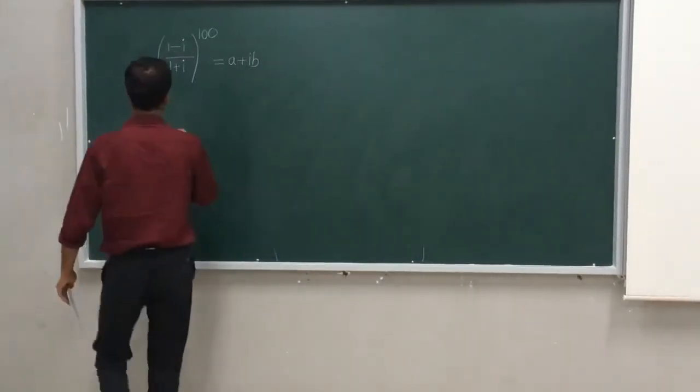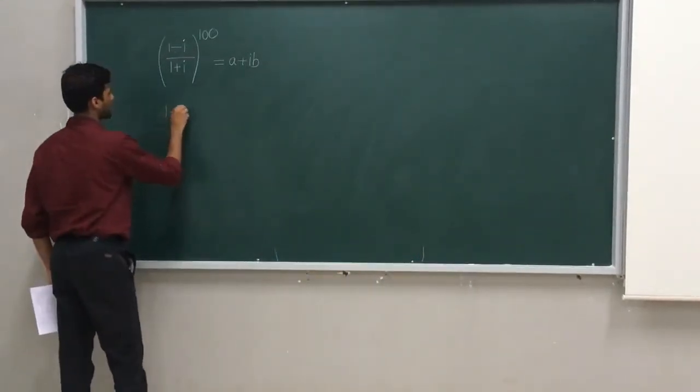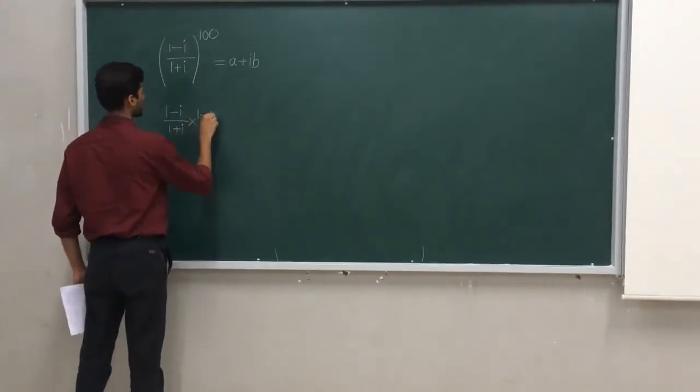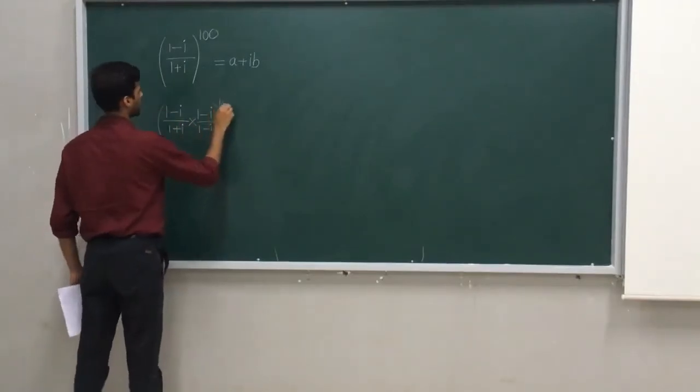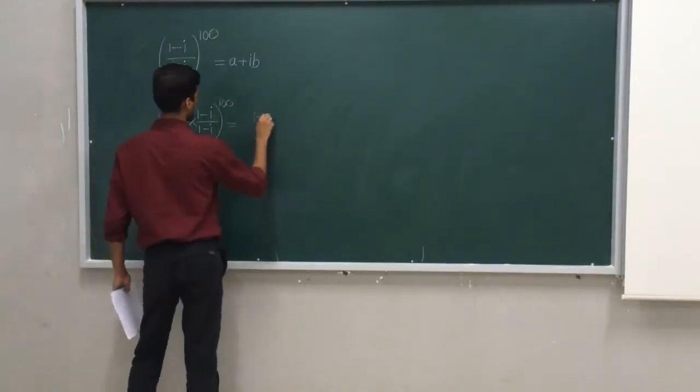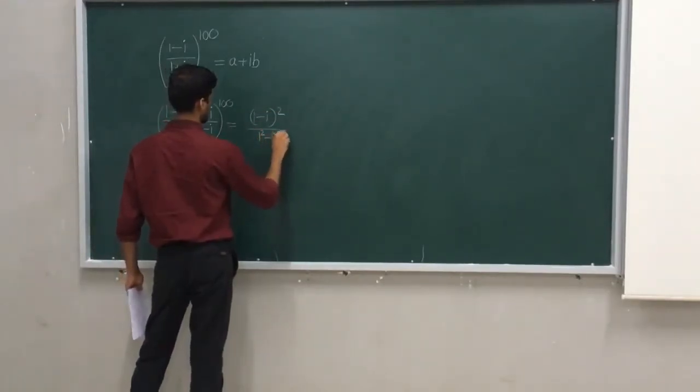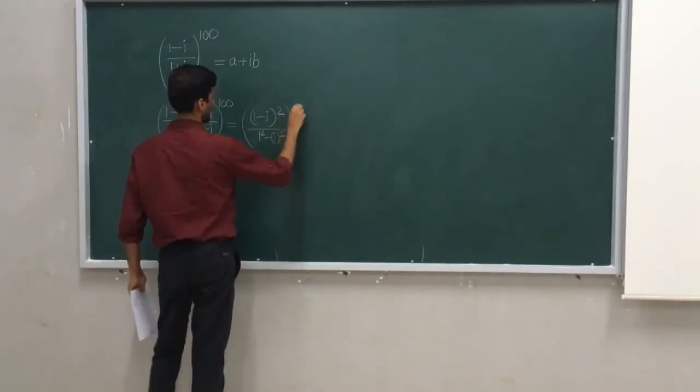So first what we will do is rationalize. It is given (1 minus i divided by 1 plus i) into (1 minus i upon 1 minus i) to the power 100. The numerator becomes (1 minus i) the whole square upon 1 square minus i square, to the power 100.